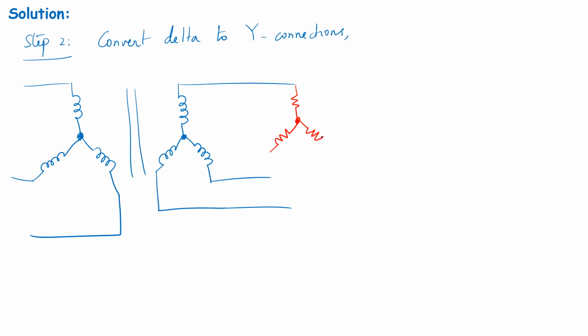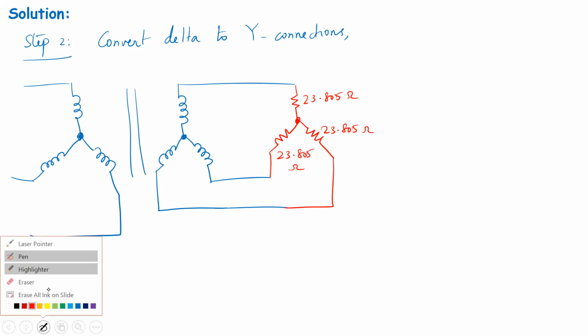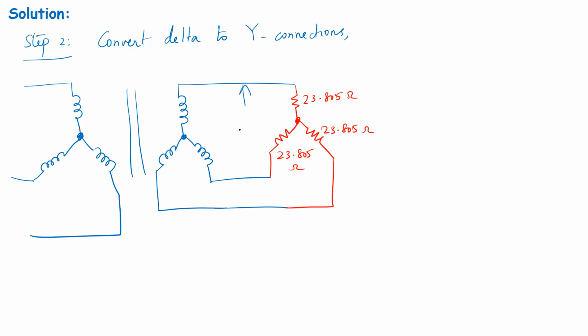And these values are also found in the previous part, so we will not do the math, but you will note that these are 23.805 ohms each. Okay. And the voltage that is appearing across the load side line to line is 13.8 kilovolts. This is the line to line voltage.